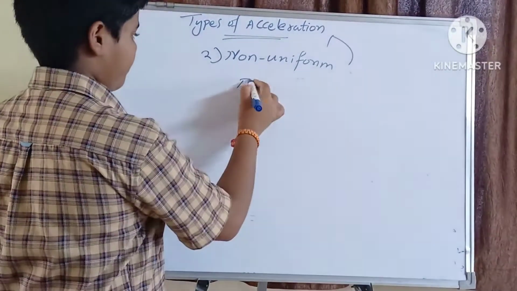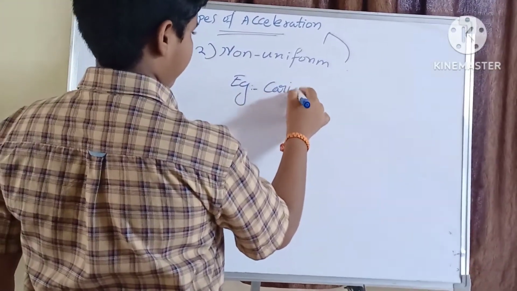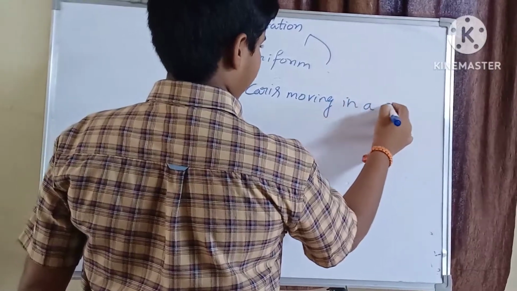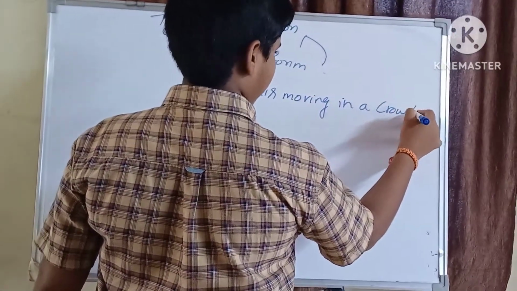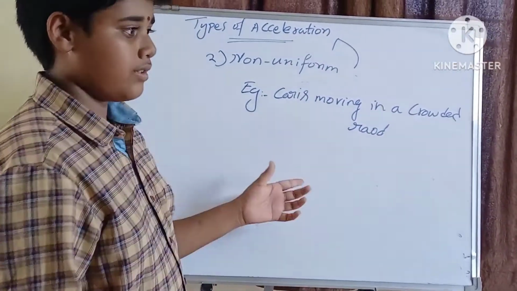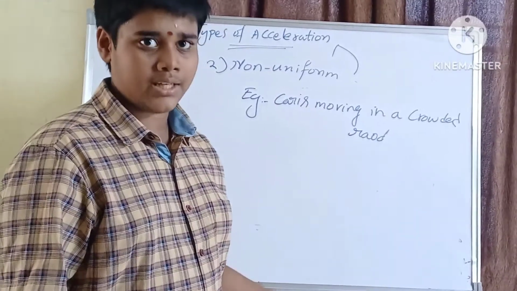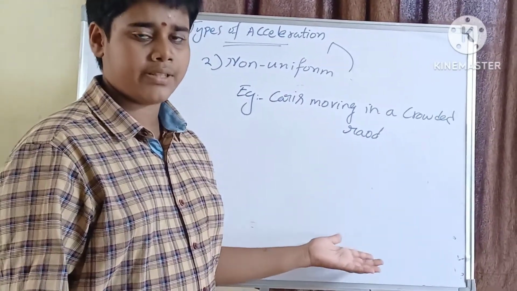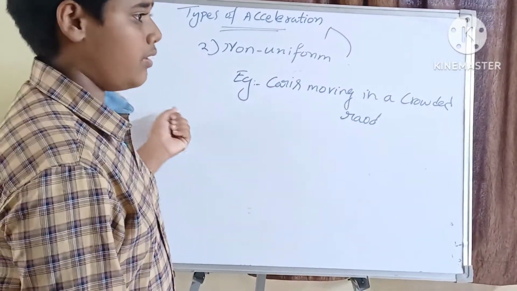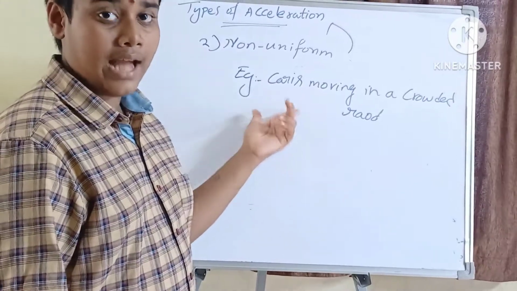For example, a car is moving in a crowded road, because in crowded road we can drive at 10 meter per second, 20 meter per second, 30 meter per second, 50 also. So there is a change in acceleration in all cases.